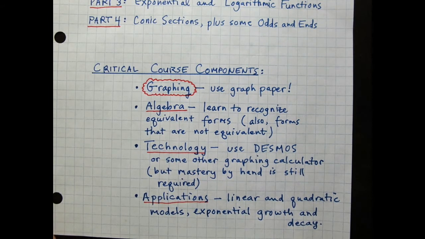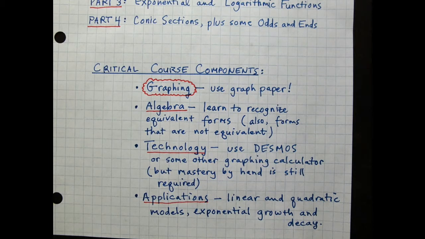Algebra. What is the algebra, pre-calculus algebra? If I had to sum that up, there's a lot of manipulation, a lot of simplifying, a lot of operations, but really the point is to learn to recognize equivalent forms. It's not so much like there's one official simplified answer anymore as you become a more advanced student.